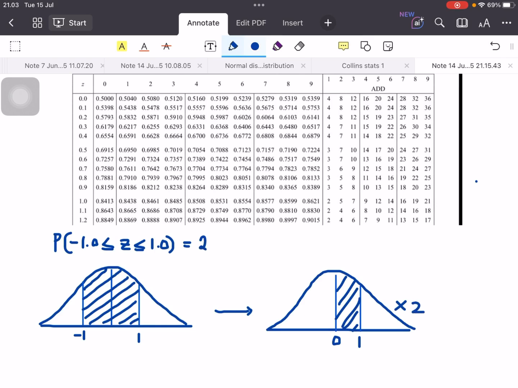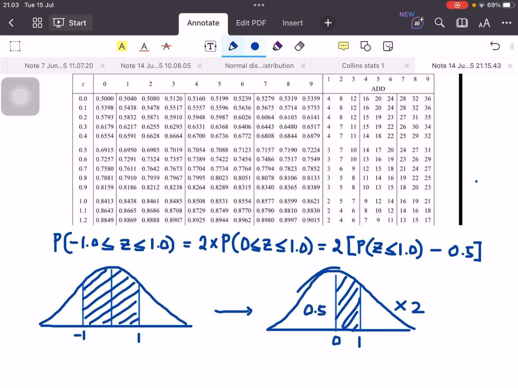So what I can do is just multiply this by 2. So 2 times probability 0 less than or equal to z less than or equal to 1.0. So 2 times probability z less than or equal to 1.0 minus 0.5. Remember that this unshaded region, the area is 0.5.